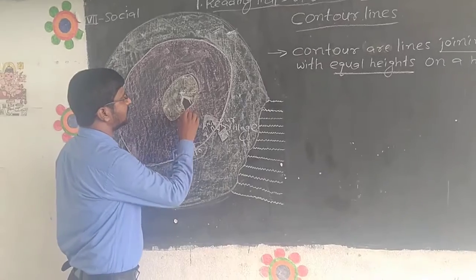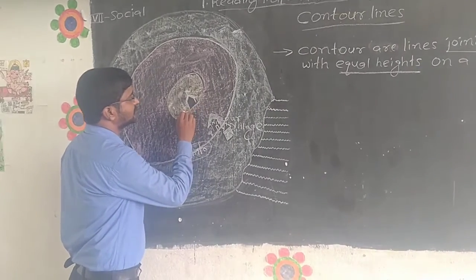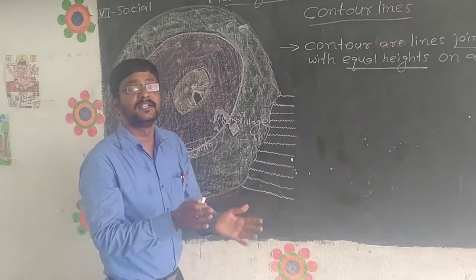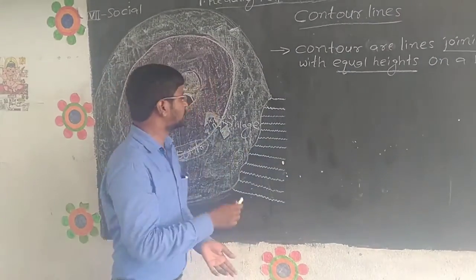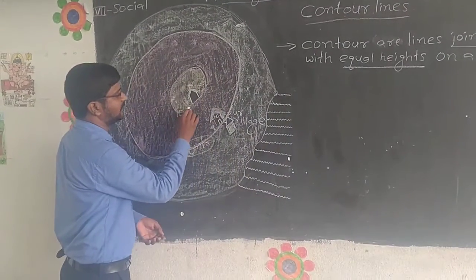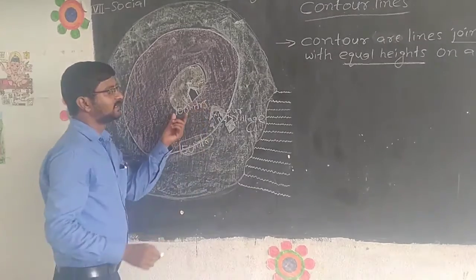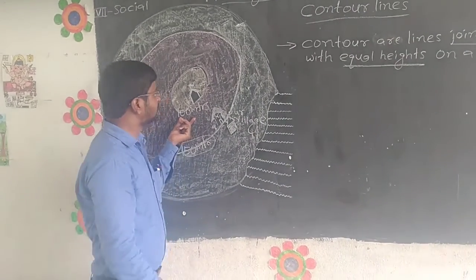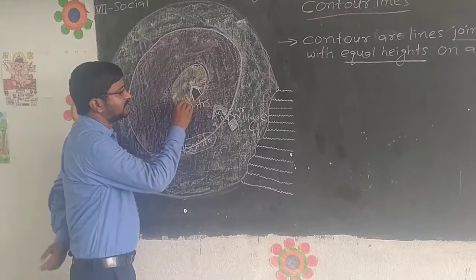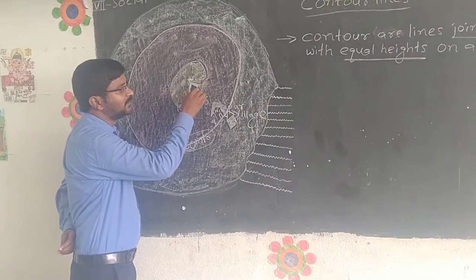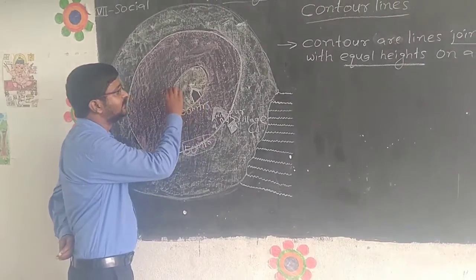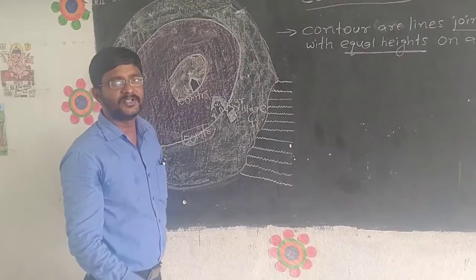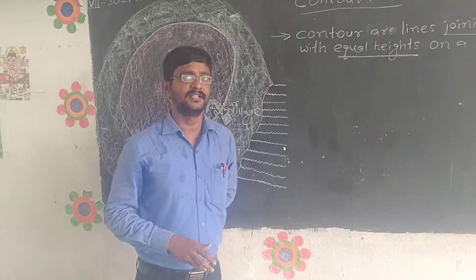See again, here there is a line passing through the temple. In Nimpur village there is a temple. That temple is located at a height of 100 meters.